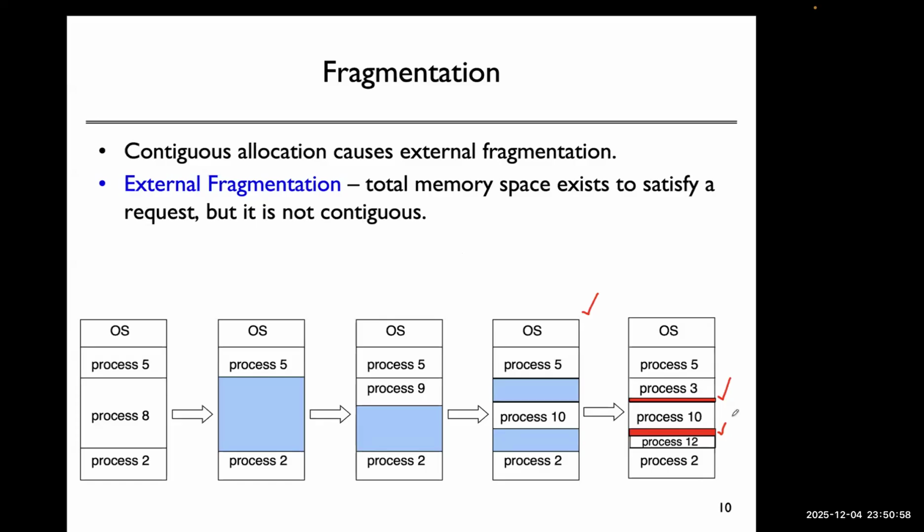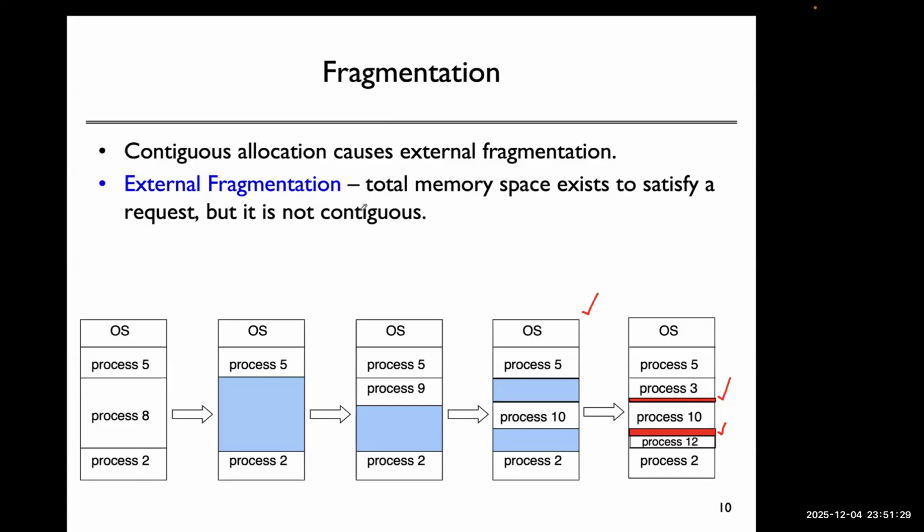It will become clear why we name it external when we talk about internal fragmentation. For the time being, what happens is that we have small holes scattered all over, and individually they cannot fulfill the memory requirement of any future process. The total memory space exists to satisfy a request, but it is not contiguous.